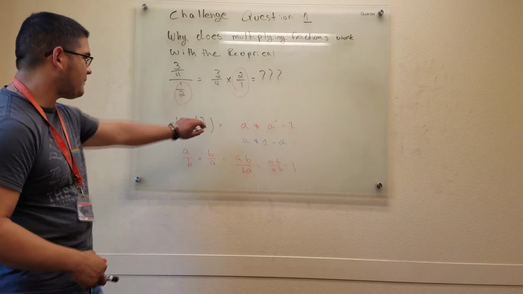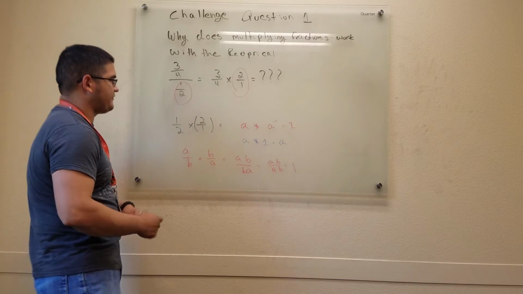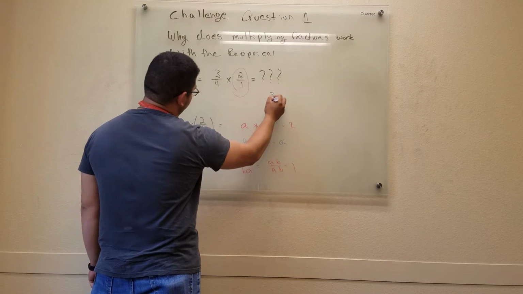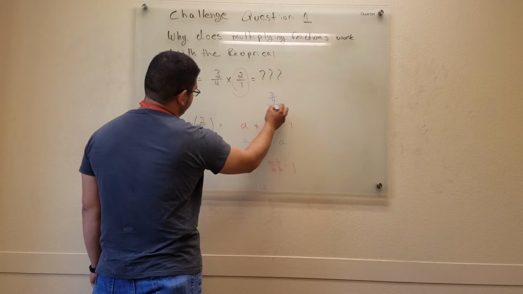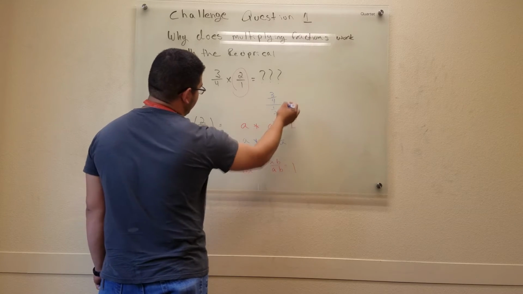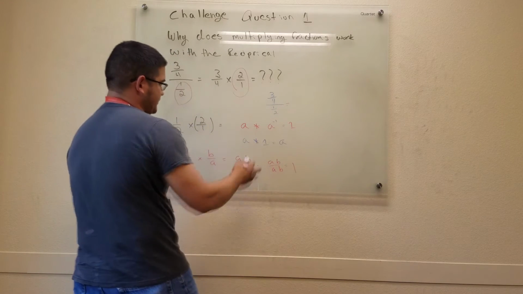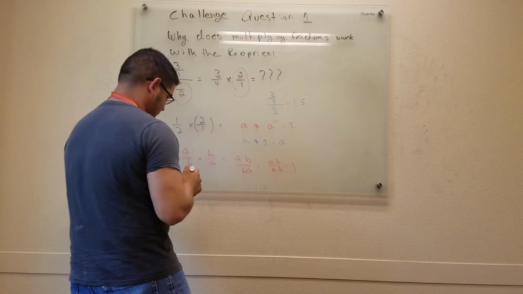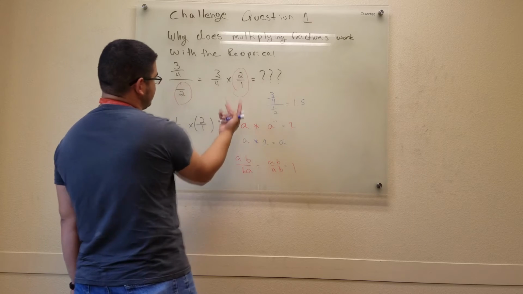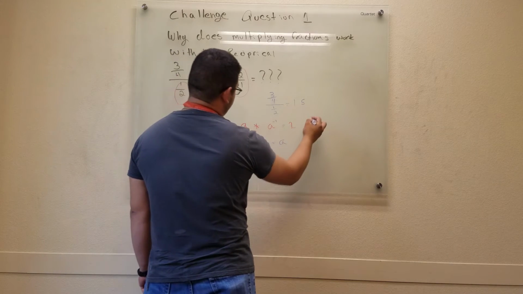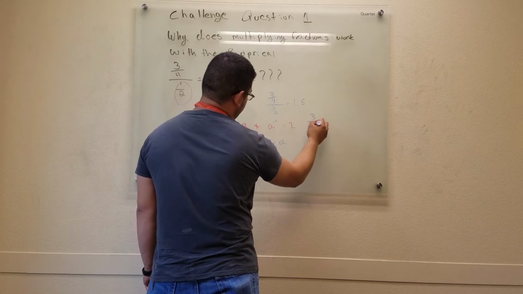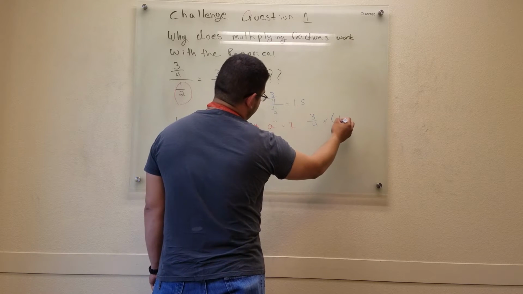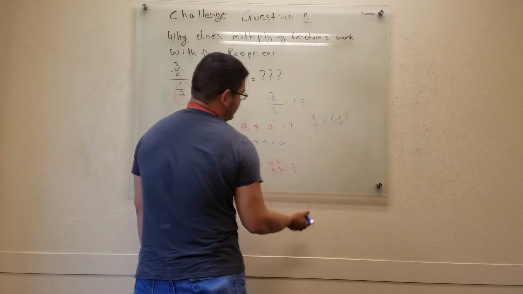So if we apply this to our example, we have our first number, which is 3 over 4 divided by 1 over 2. We all know that would give us 1.5 if we put it in a calculator. But if we use reciprocals, we have 3 over 4, and instead of dividing, we multiply it by 1/2's inverse.